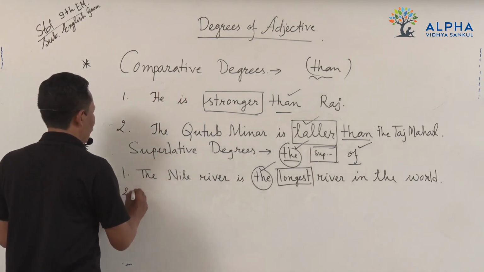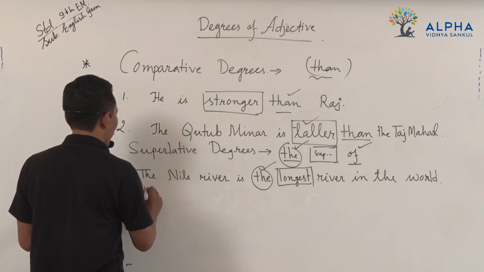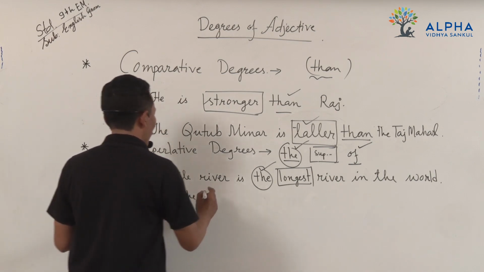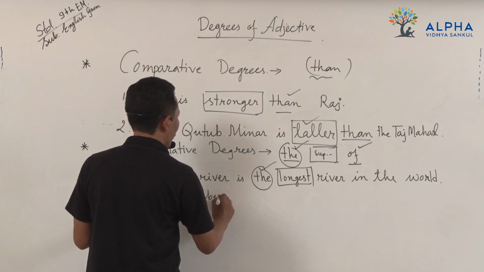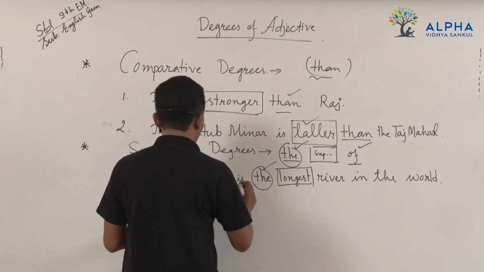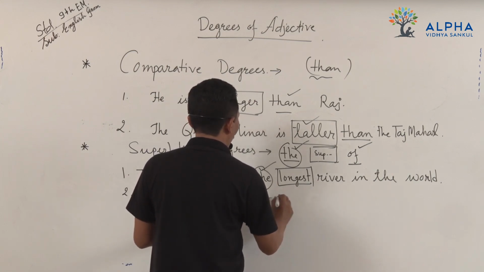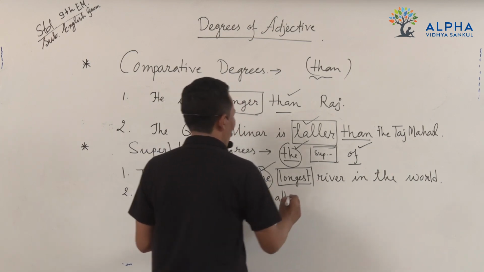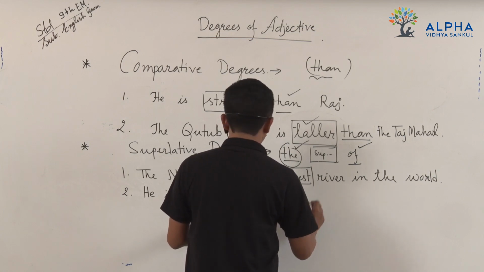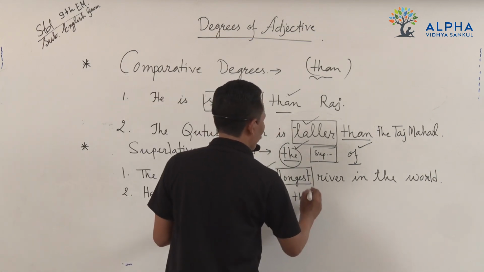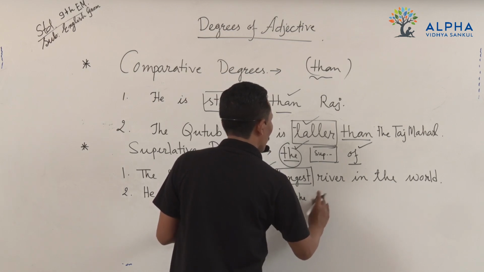Number 2: He is the best boy of all. He is the best boy of all the students.